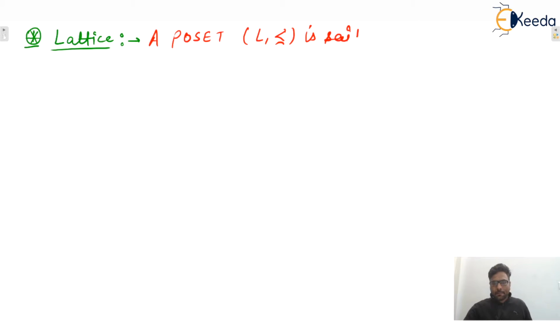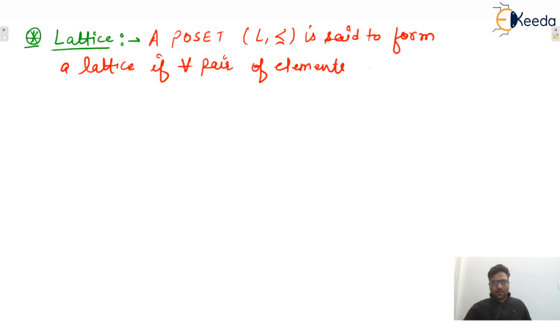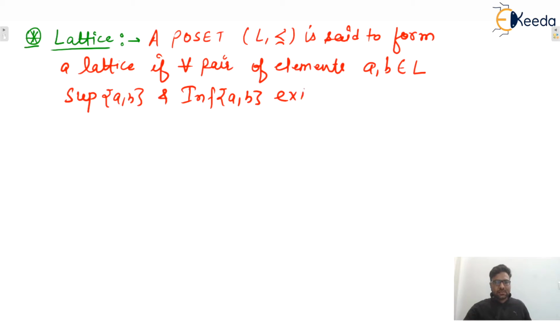It's said to be, or it's said to form, a lattice if every pair of elements a comma b belongs to set L, supremum of a comma b and infimum of a comma b exist in L. So we can say that supremum means least upper bound, infimum means greatest lower bound.